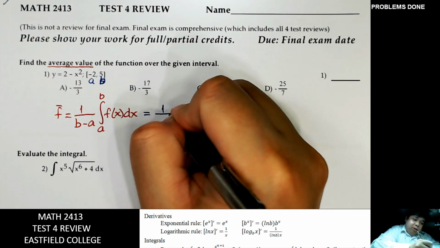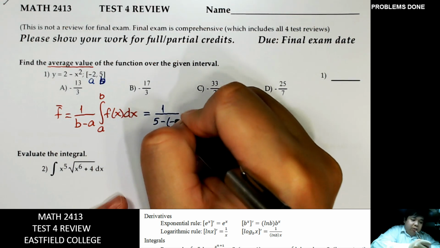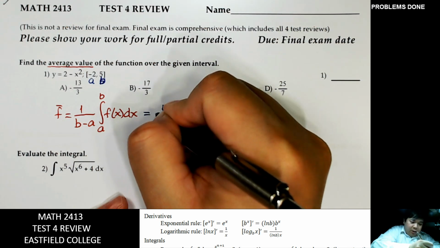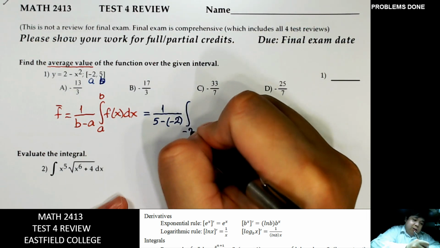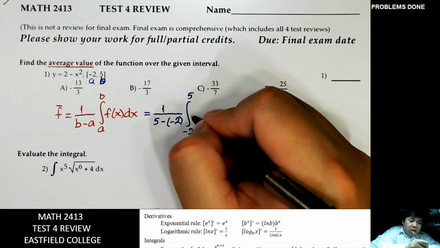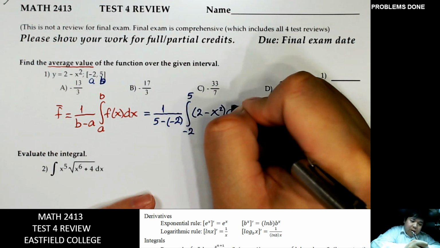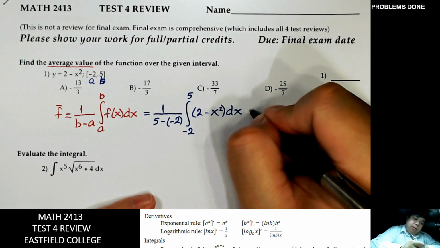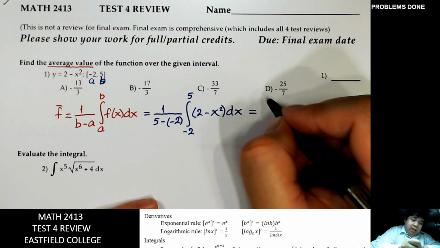So 1 over 5 minus -2, and the function is 2 minus x squared. So that will be 1 over 7.